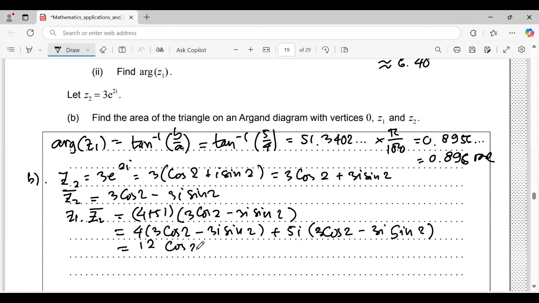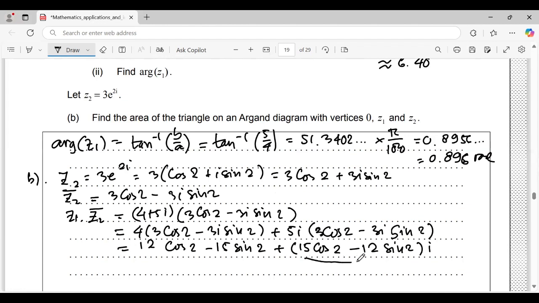And you can find 12 cosine 2 minus 15 sine 2, plus 15 cosine 2 minus 12 sine 2 i.